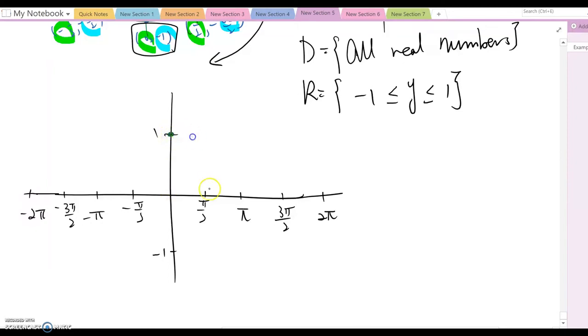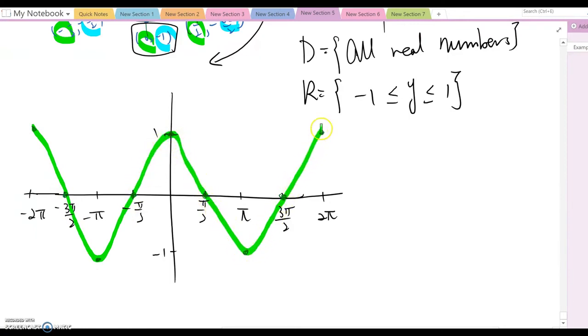1, 0, negative 1, 0, 1. The negative side also 0, negative 1, 0, 1. So this graph looks like this here.